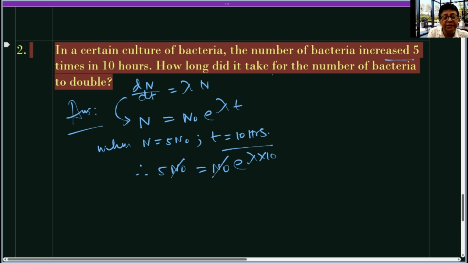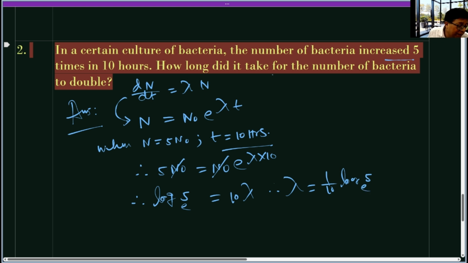These two get cancelled. Again take log: log 5 base e equals 10 lambda. So lambda equals 1 by 10 log 5 base e. If you know the value of log 5 base e, actually in board exam it will be given to you, don't worry. You will get there.